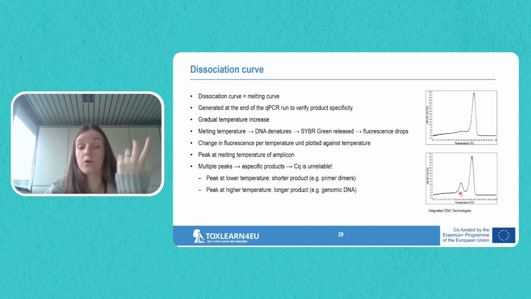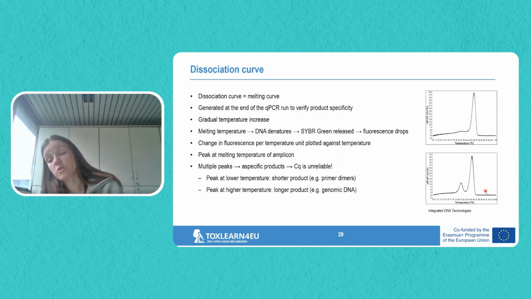And a shorter product in this case could be, for example, the presence of primer dimers. On the other hand, it's also possible that a second peak is formed with a higher melting temperature, and that could then indicate a longer product. And this might be, for example, genomic DNA, and I will come back to this in one of the next lectures.